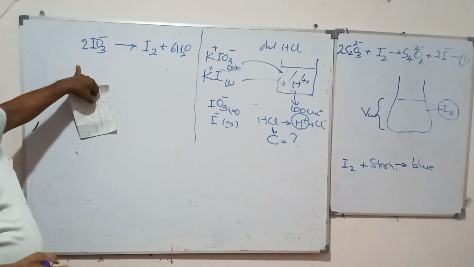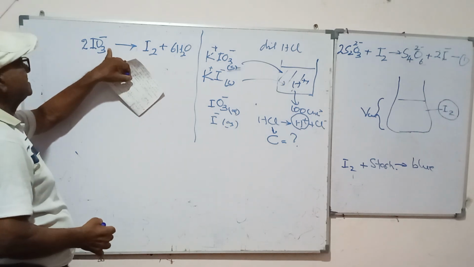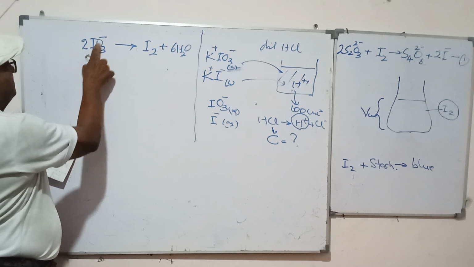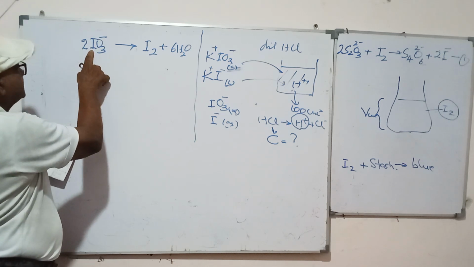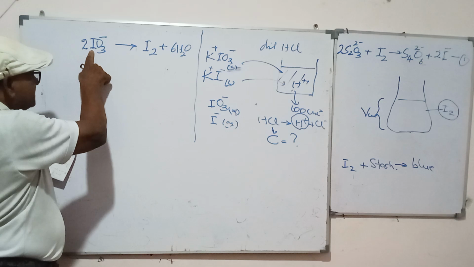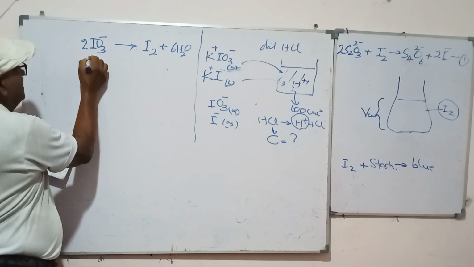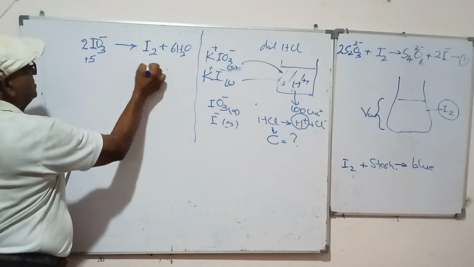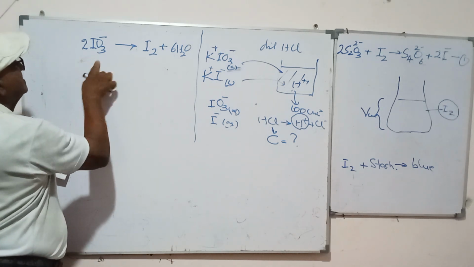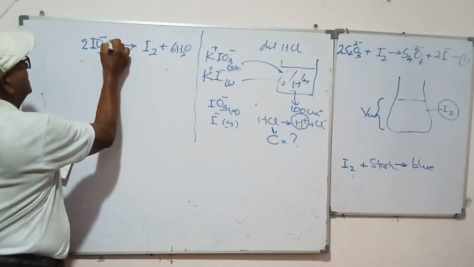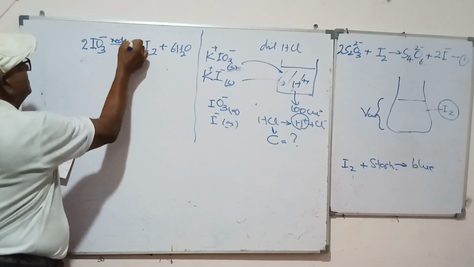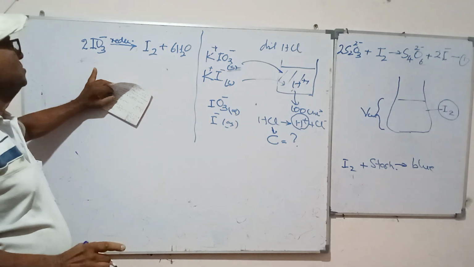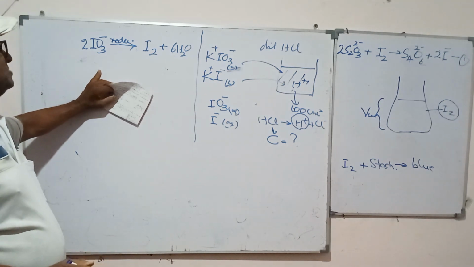So it is clear that in IO3 minus, I is at the plus 5 oxidation state. I2 is 0. So this is a reduction. IO3 minus undergoes reduction to give I2 and water.